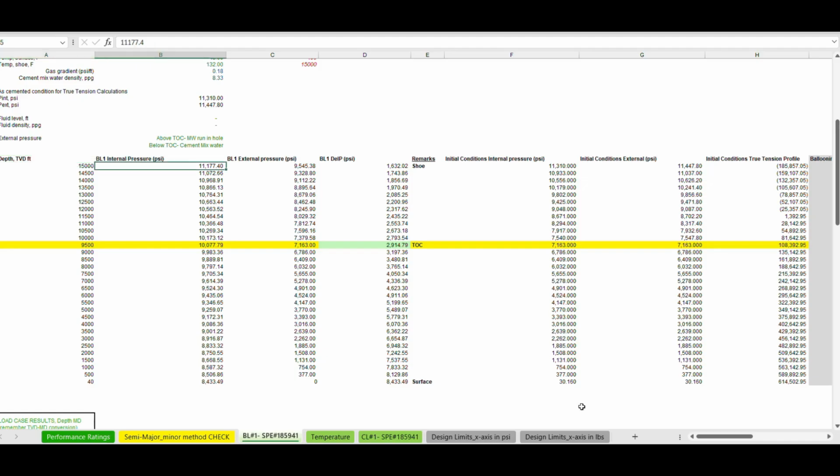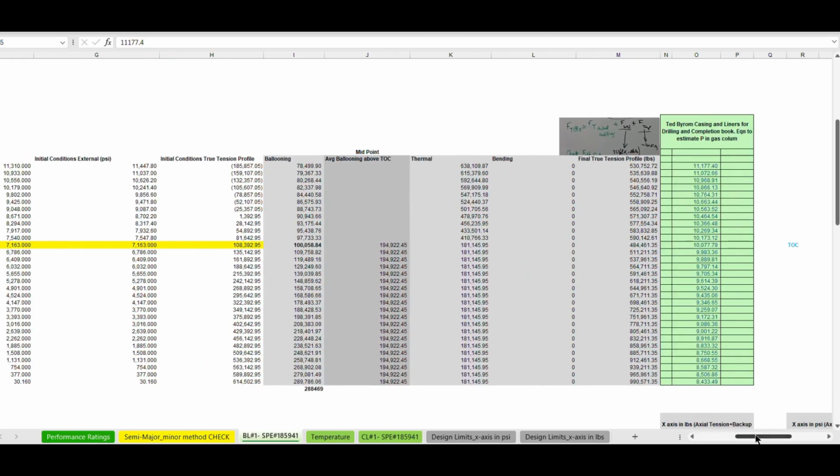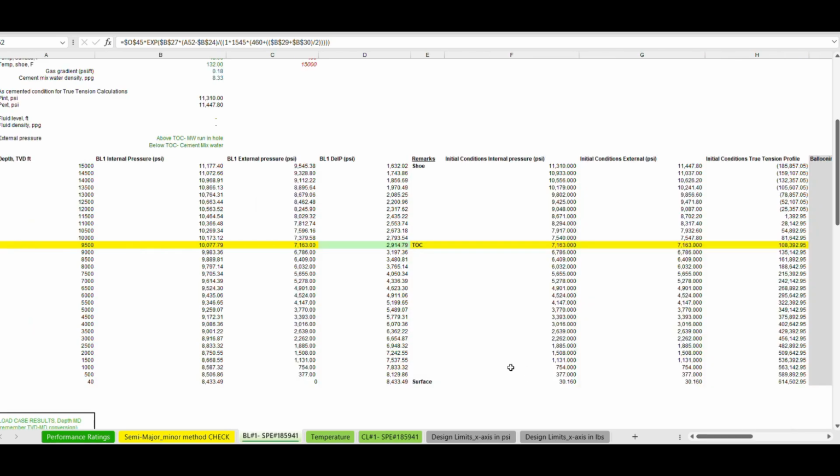And then for this internal pressure, how I calculated the internal pressure is basically, if you look at Ted Brome's book for the casing and liners for drilling and completion, you will basically see the formula with a given temperature profile, with a given molecular weight, you are basically able to calculate the internal pressure from a given reference point.